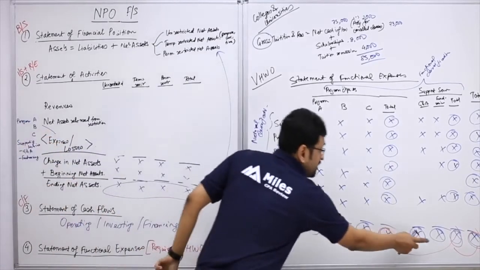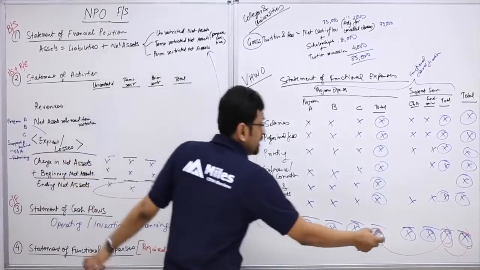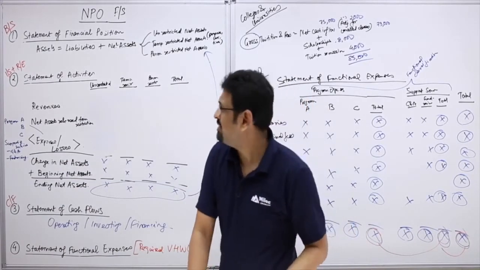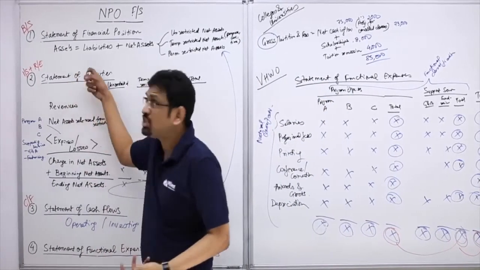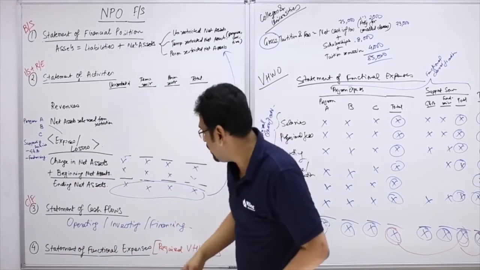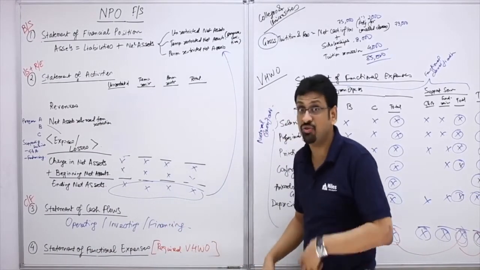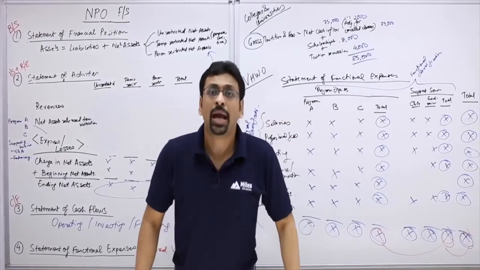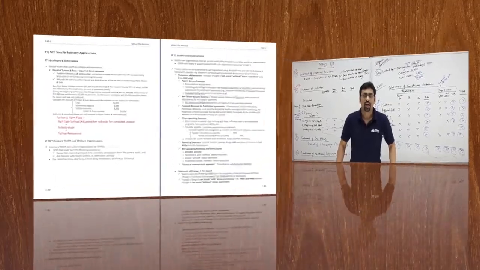Support services, G&A, that's your number. Fundraising, this is your number. So basically what we're doing is the expenses, the total numbers, they're there in the statement of activities. But we want more details, especially for voluntary health and welfare organizations, where we require that this statement be presented as a primary financial statement.